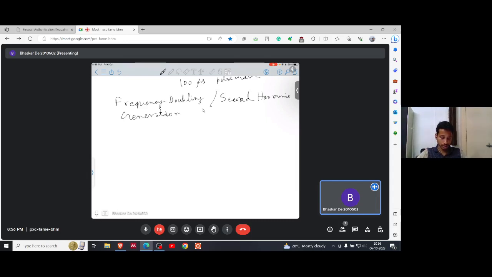These things are not necessary for this course, but as we are talking about the laser, which is basically an intense electric field, we will have these kinds of nonlinear effects. After the development of laser, we see these nonlinear effects frequently in the system.